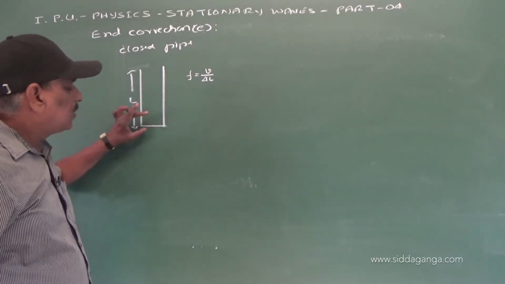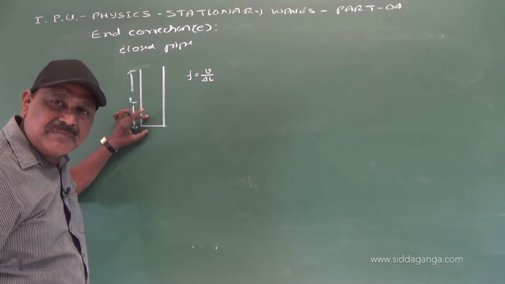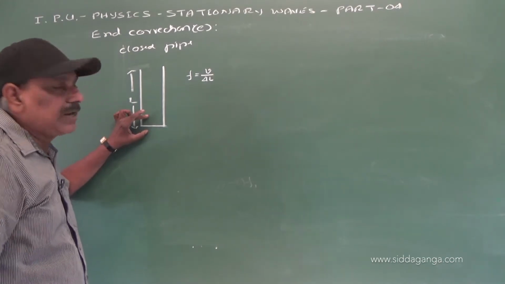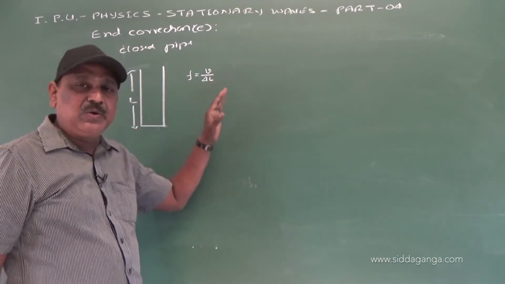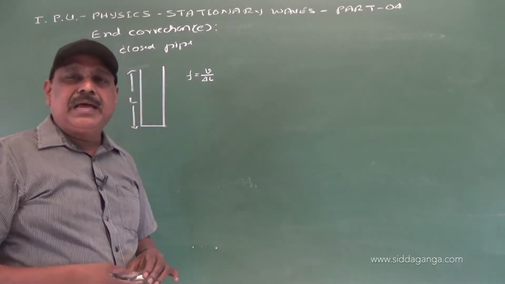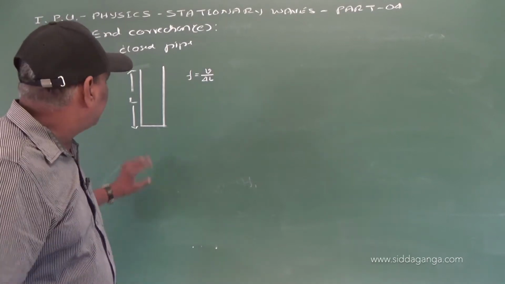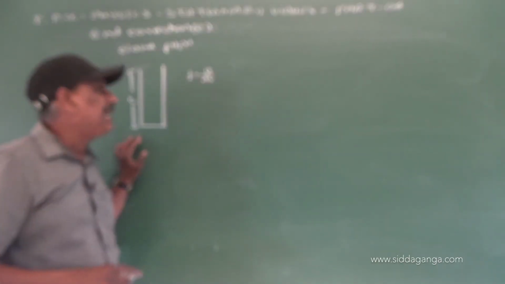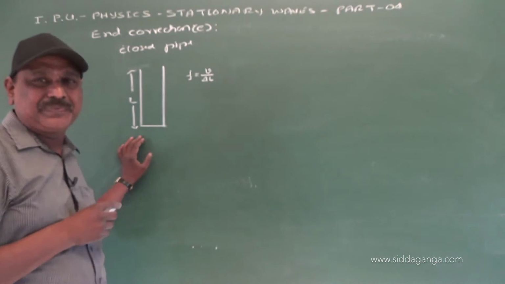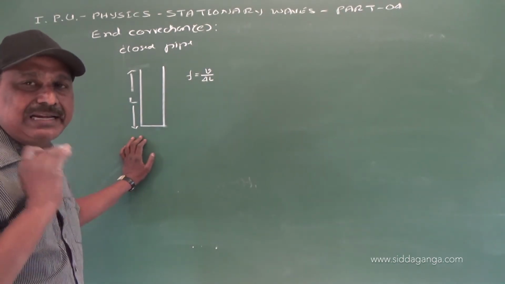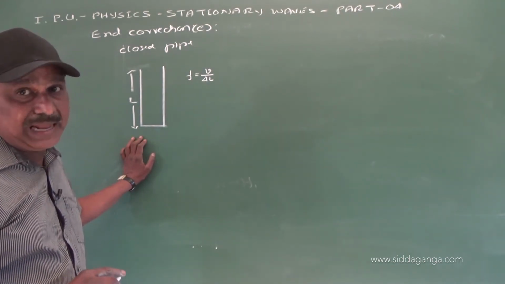When we calculate the fundamental frequency theoretically using that formula, and when we calculate it experimentally, it comes out to be slightly less than that. Exactly, it is slightly less than the theoretical value.